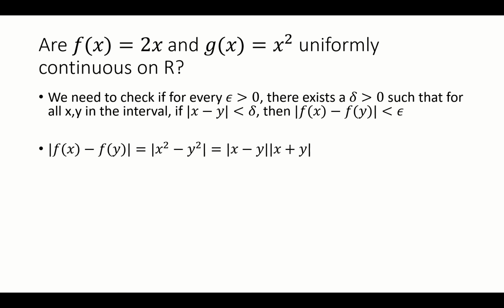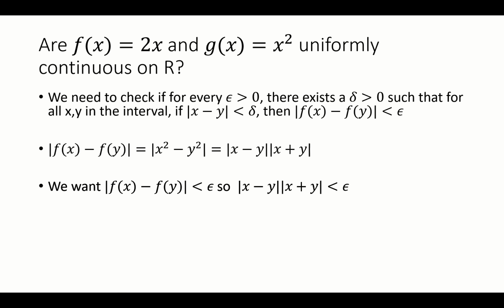We want to find out if we can choose a delta that depends only on epsilon and not on x and y, such that this absolute value, x minus y times x plus y, is less than epsilon whenever the absolute value of x minus y is less than delta.